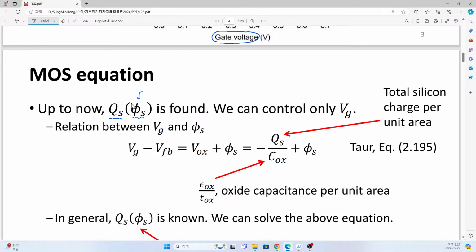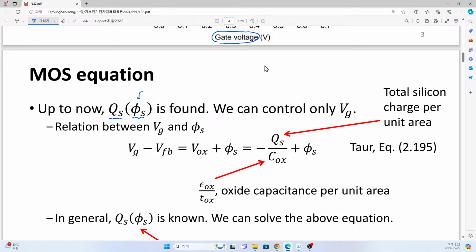Although it contains a lot of terms, exponential, linear, again exponential, it is just a given function. Once we have surface potential, we can automatically calculate the silicon charge.